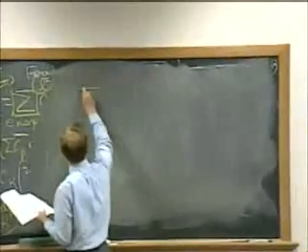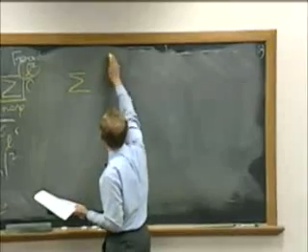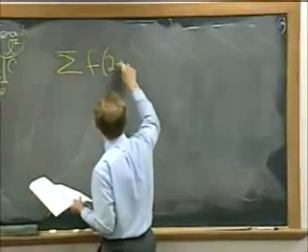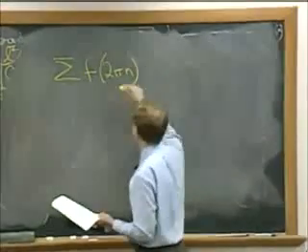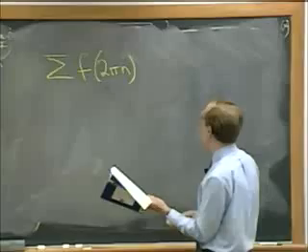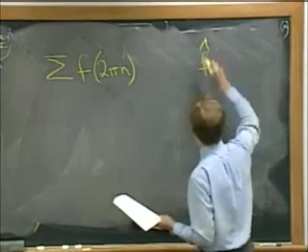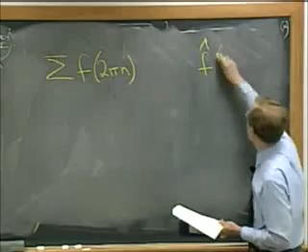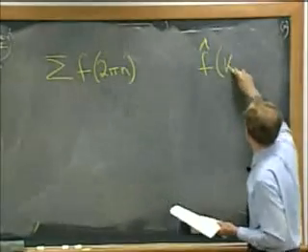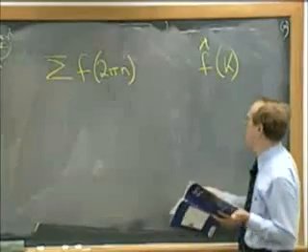It's an amazing formula. I have a function f, and I look at that at equally spaced points and add up the result. And I take its Fourier transform, and I look at that at equally spaced points, and the spacing isn't quite the same. There's a 2 pi in Fourier's world, unfortunately.